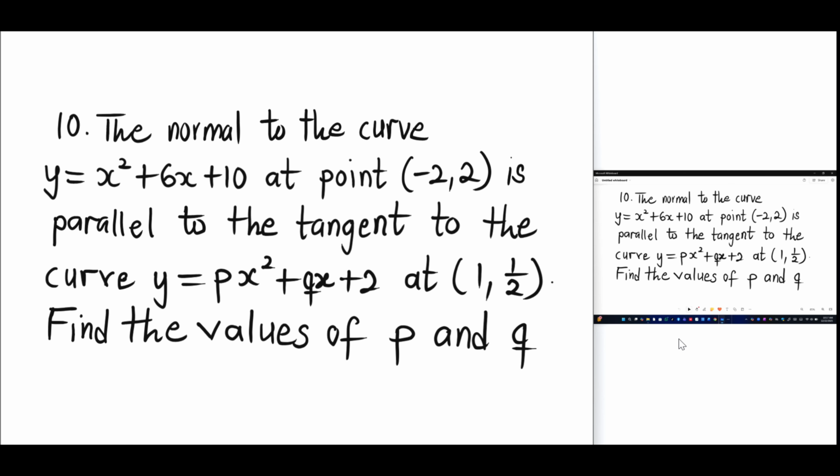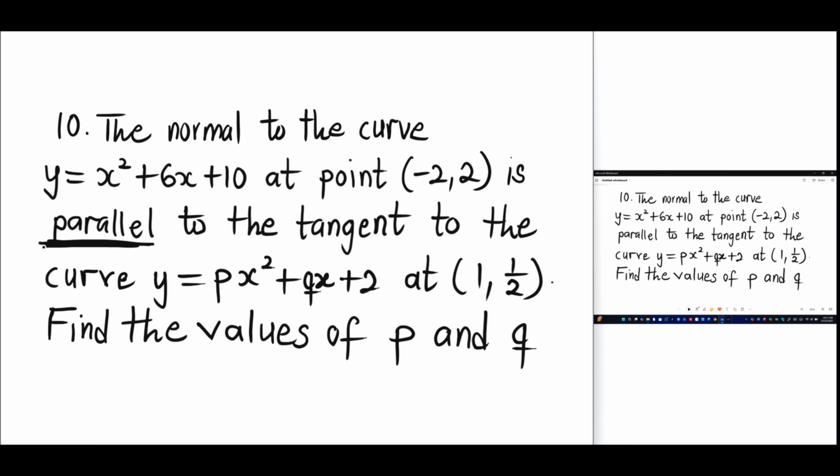All right. So let us identify the key concepts here. The first one is parallel. We have to know the relationship between two parallel lines. When two lines are parallel to each other, it implies that they have equal gradient.